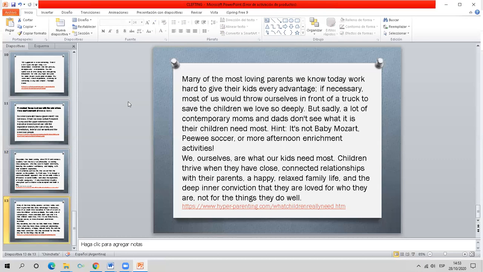Hint, it's not baby Mozart, pee-wee soccer, or more afternoon enrichment activities. We ourselves are what our kids need most. Children thrive when they have close, connected relationships with their parents, a happy, relaxed family life, and the deep inner conviction that they are loved for who they are, not for the things they do well.